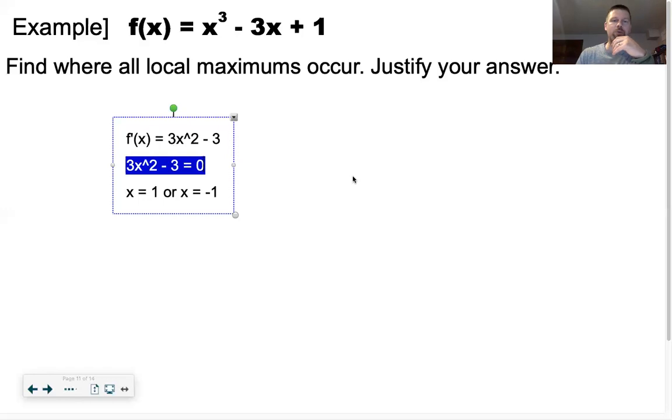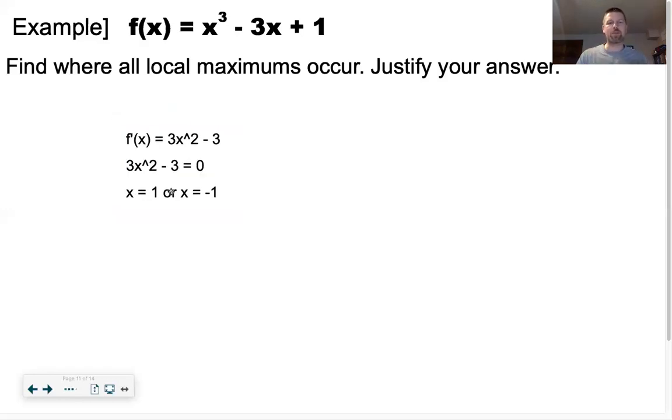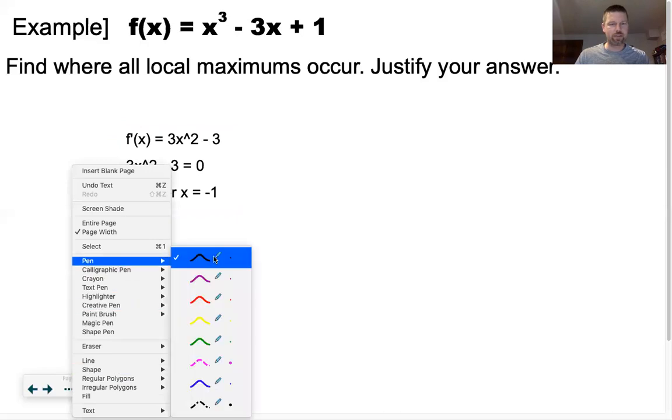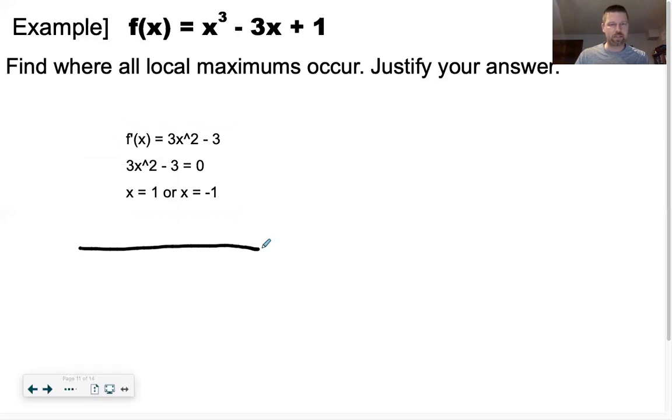All right. So those are my critical points. I've got to tell if those points are maximums or minimums. That's where we tend to use a sign chart. So I'm going to pull out my sign chart and put those critical points in here. There's a -1, there's a +1, and then I plug back into my derivative and find when my derivative is positive or negative.